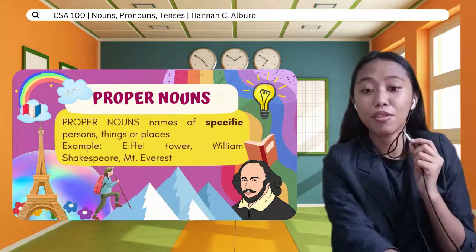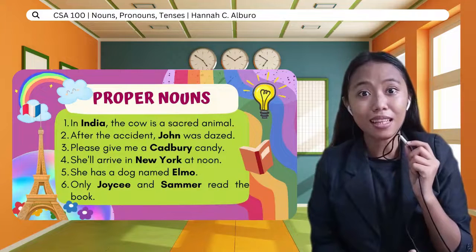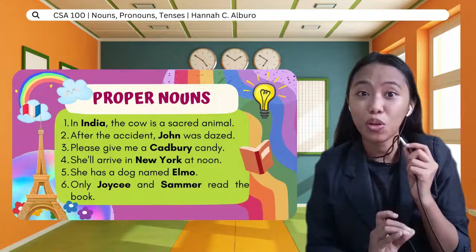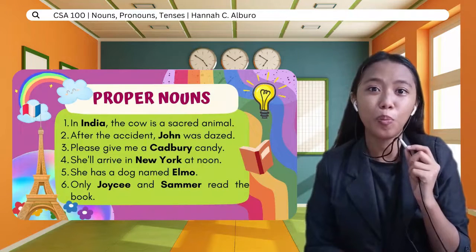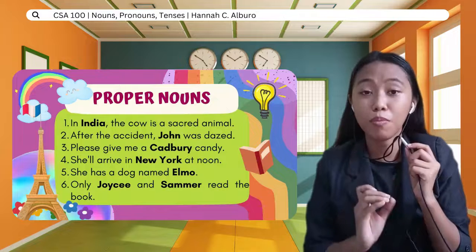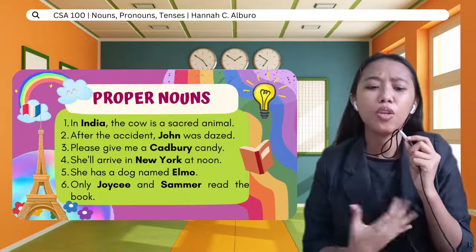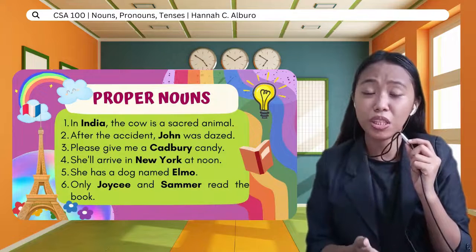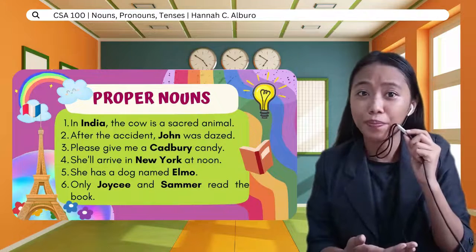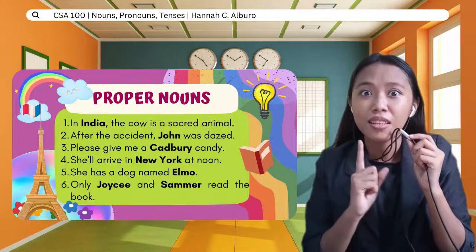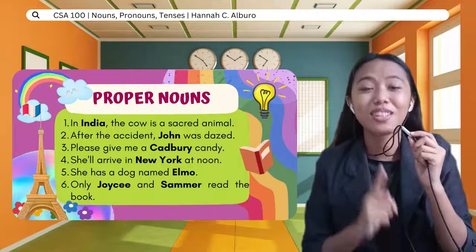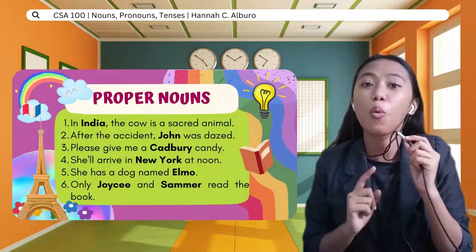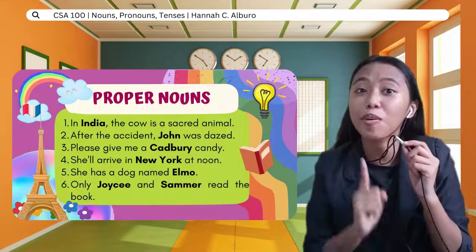So I have here some sentences in which you can see that there are words that are in bold form. Okay, so from these words, what can you observe from these words that are in bold form? Yes, these words start with big letter, and that is actually one of the features of proper nouns.